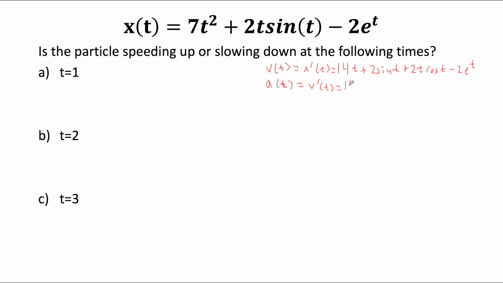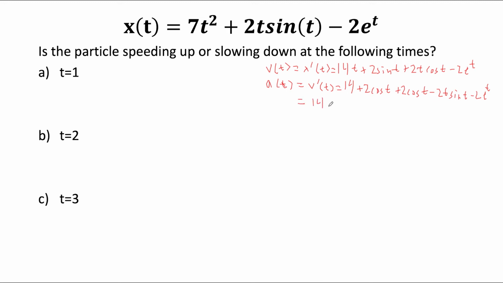So that would make it 14 plus 2 cosine t plus another 2 cosine t minus 2t sine t minus 2e to the t. And we can simplify this a bit more by combining our like terms.